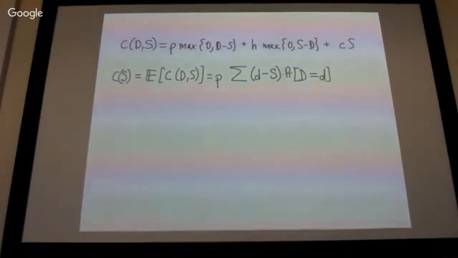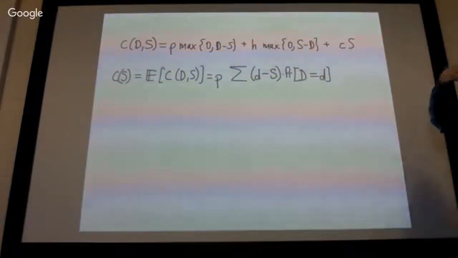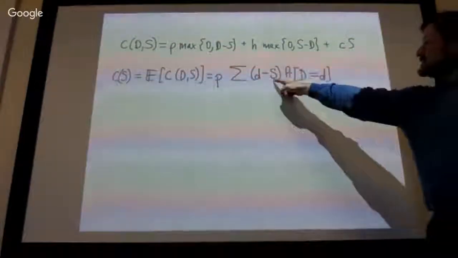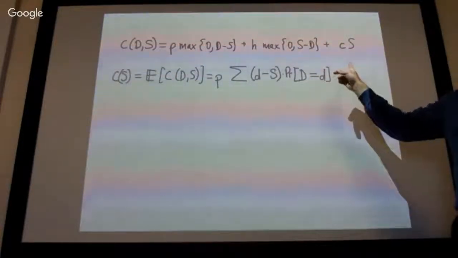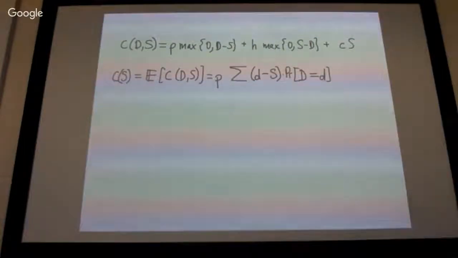Okay, so you take the probability that this is this, and this is going to be the value, but that's only for D's that are larger than S, or at least as large as S. So we're doing this summation from S. Now the second term is what we're adding, H times a sum, and this time this is going to go from 0 to S minus 1.